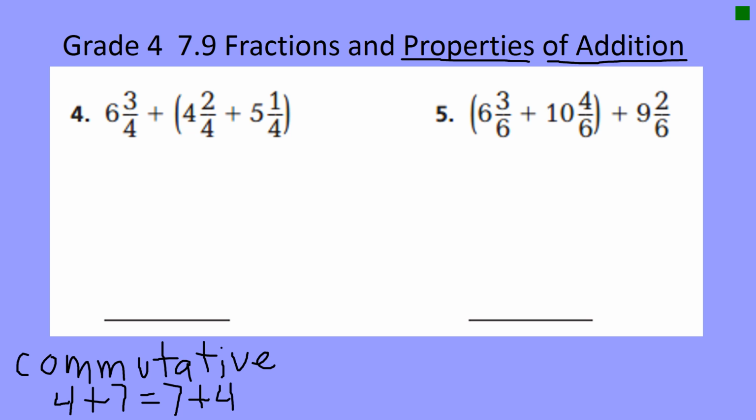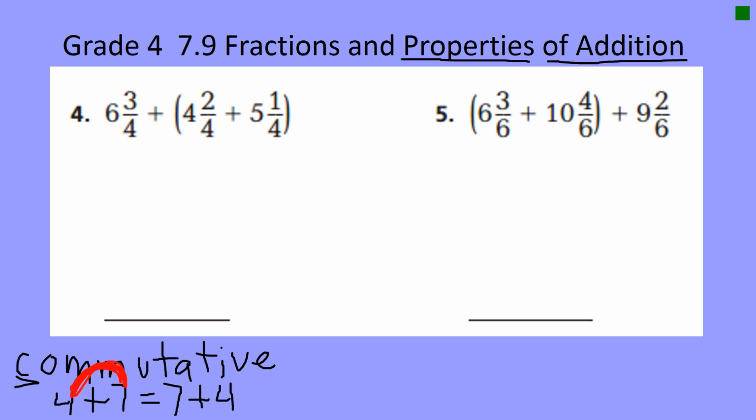Now, I remember this one because commutative starts with C. And so I always do this. Wing, wing, switchy, switchy. And if you turn your head sideways, that switchy, switchy that I'm making, it looks like the letter C. This is my little mnemonic device, or my memory trick, for commutative.